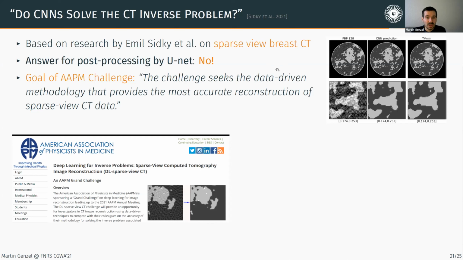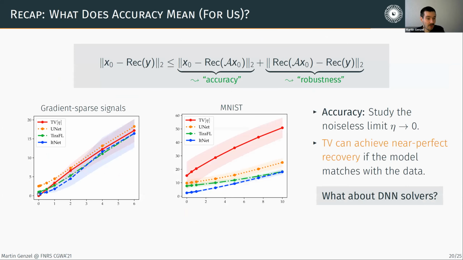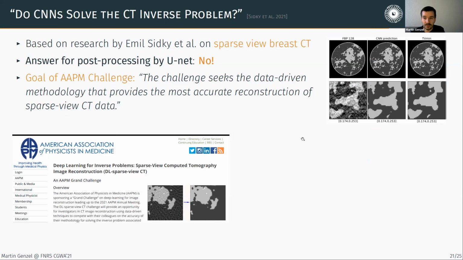And what they found in their work is that for simple post-processing methods like the U-Net you also saw before, the answer is no. You can't achieve almost zero error here at the left end of these curves. The data that they considered is simulated data. It's basically gradient sparse, simulating breast CT data. Here are some examples.